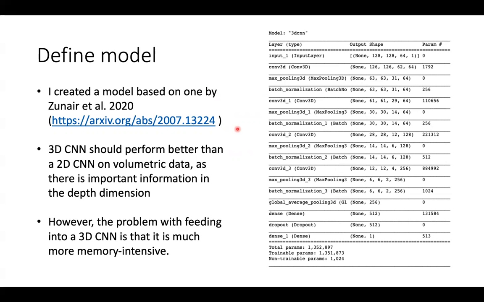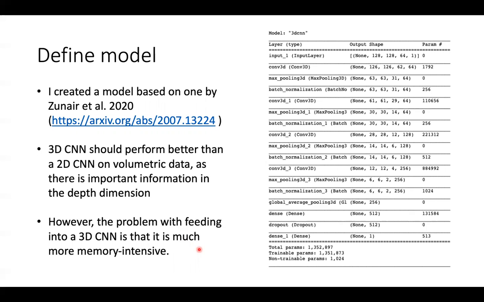However, the problem with feeding into a 3D CNN is that it is much more memory intensive. That's why in the data processing step, I resized my volume from 256 by 256 by 128 to 128 by 128 by 64. And then this downsampling allowed me to leverage that 3D information of the image without overwhelming my computer.